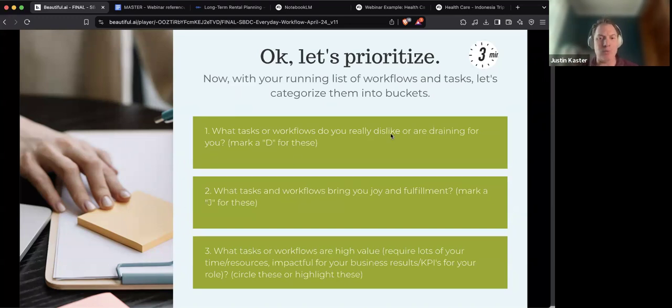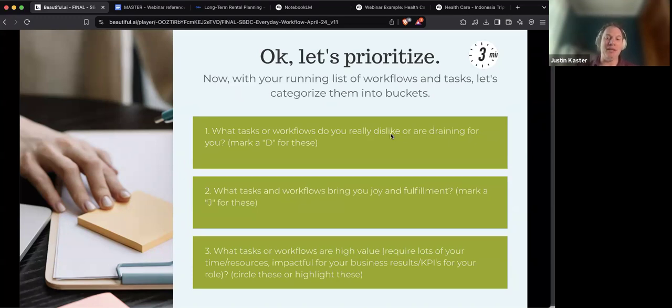And then the last thing is what tasks and workflows are the highest value. I want you to think about value from a couple of different angles, meaning it takes up your time and resources is one way to think about it. As Vicky mentioned, you could be using your time to do other important things in your business or being at home with your kids, right?